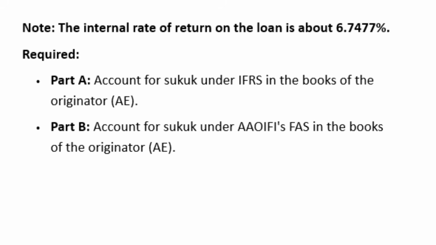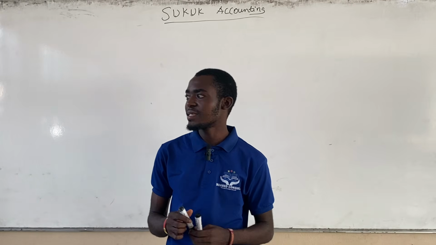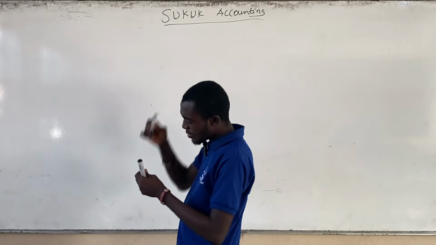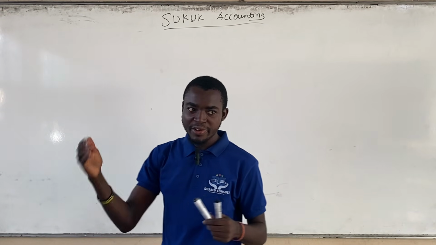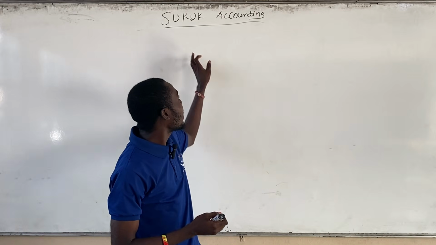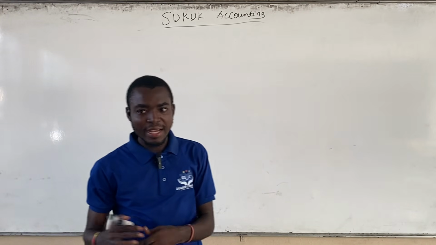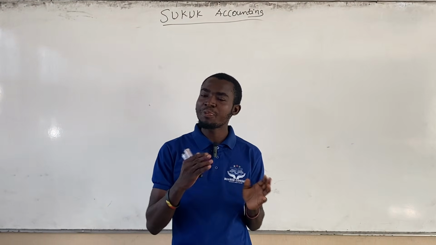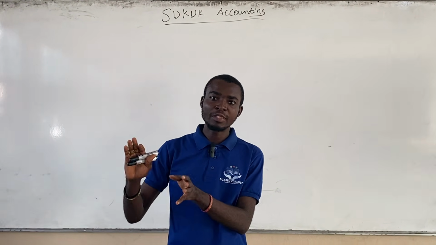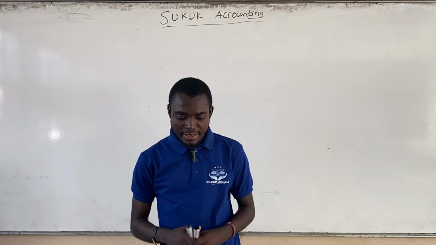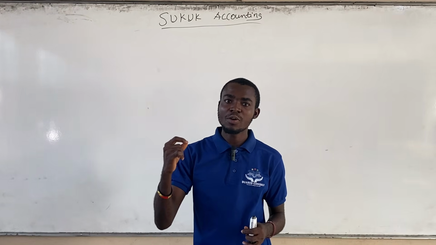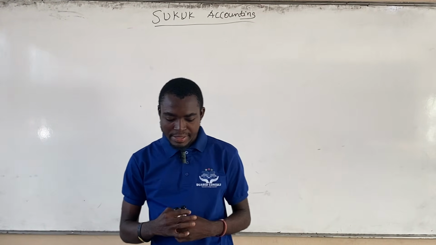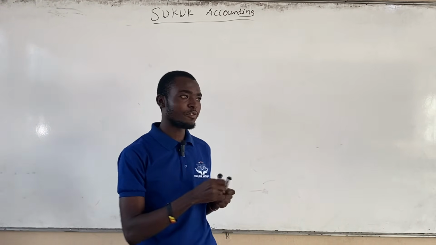So we start with International Financial Reporting Standards. As I explained in the previous session, under IFRS the originator will be paying a financial cost to the Sukuk holder. We have been given the internal rate of return, which is 6.7477%.